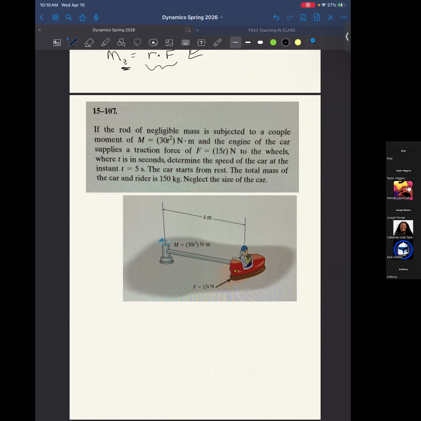We need to treat it as a 2D problem, because what happens is it's asking us to find the time at which the speed of the car is a certain speed. And if we try to treat it in 3D, we end up with this vector r that is some unknown amount in the x direction plus some unknown amount in the y direction.